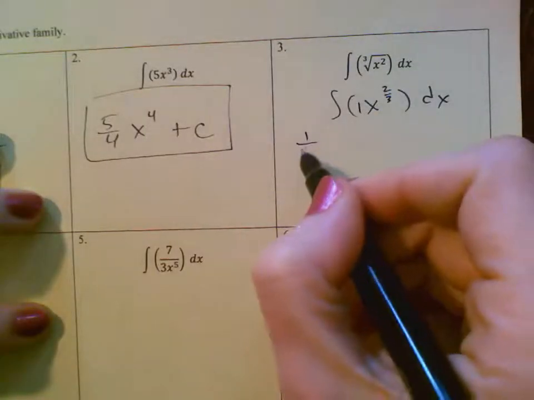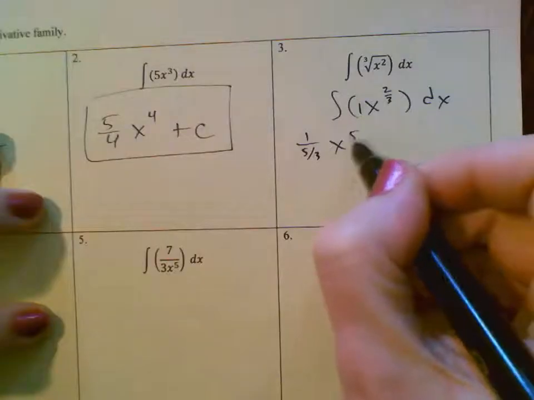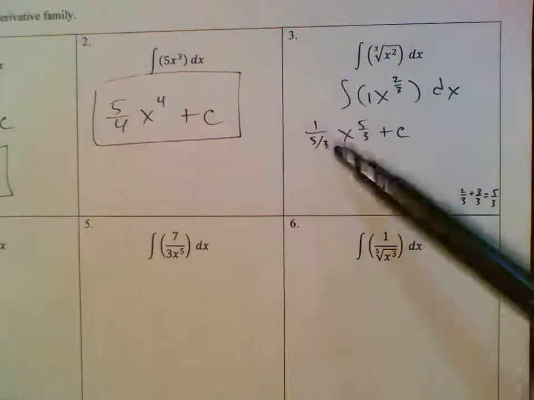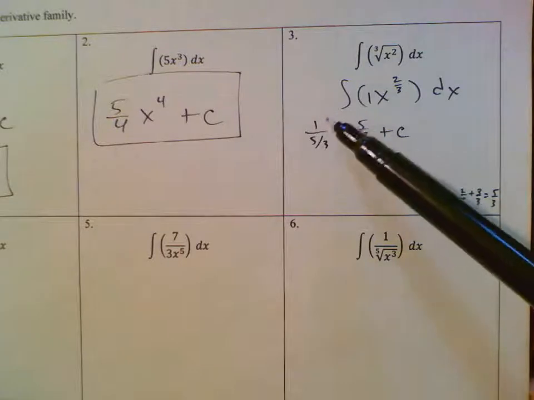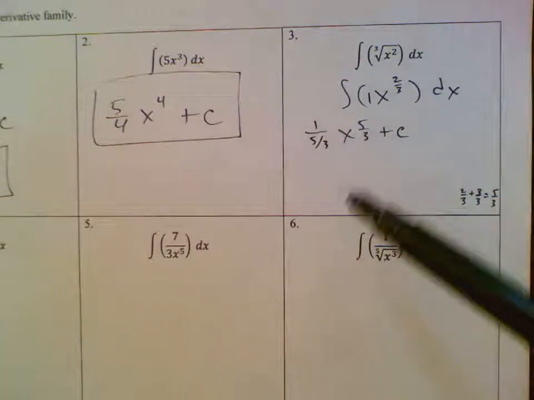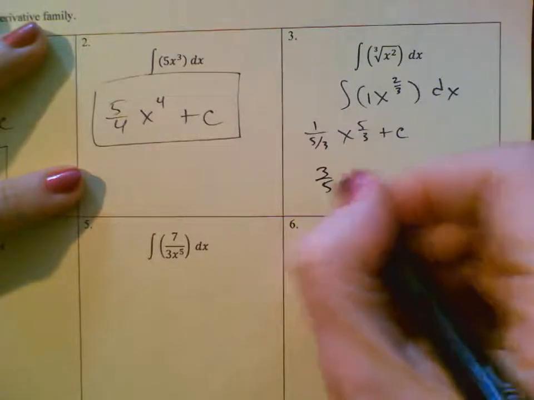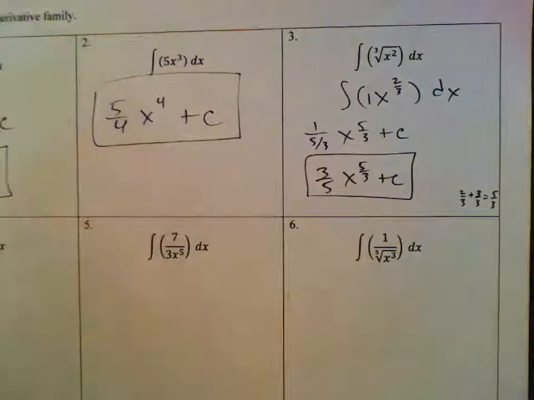So it's 1 over 5/3 x to the 5/3 plus c. But guys, don't leave it like this. Do keep, change, flip. So 1 divided by 5/3 is 1 times 3/5. So this is 3/5 x to the 5/3 plus c.